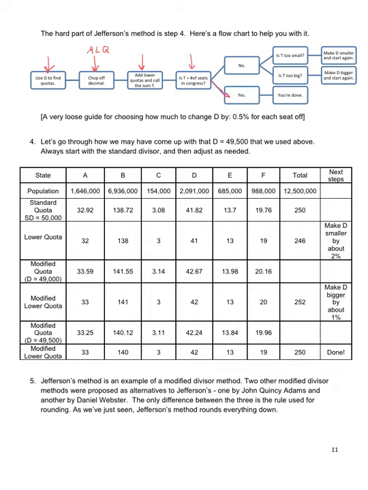If yes, you're done, and you're all set. If it's not T, you go this way, and now you have some guides. If your total is too small, you try again by making your divisor smaller. So if your total's too small, you make your divisor smaller and start again. If your total's too big, then you make your divisor bigger and you start again.